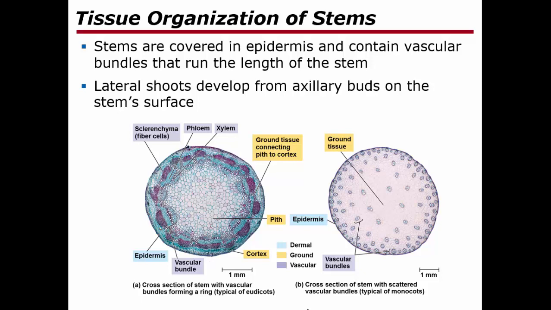Now, both of these pictures here are of non-woody species, and we tend to get different patterns in woody species, and we'll see that in a moment as we examine the trunk of a tree and look at the annual rings.